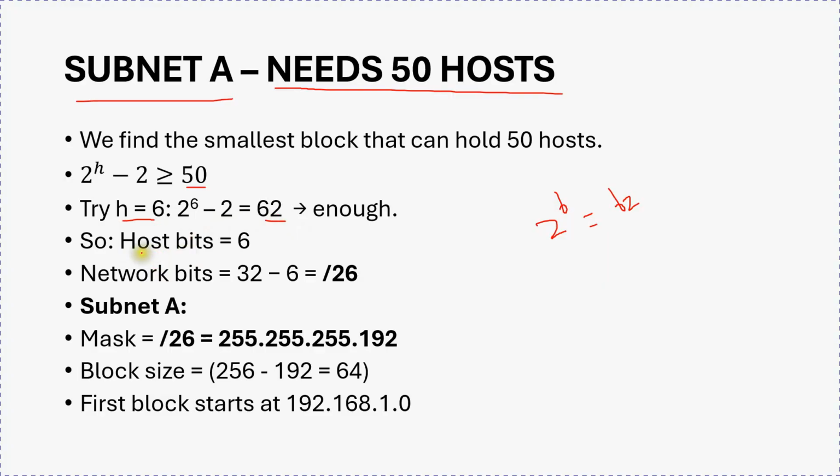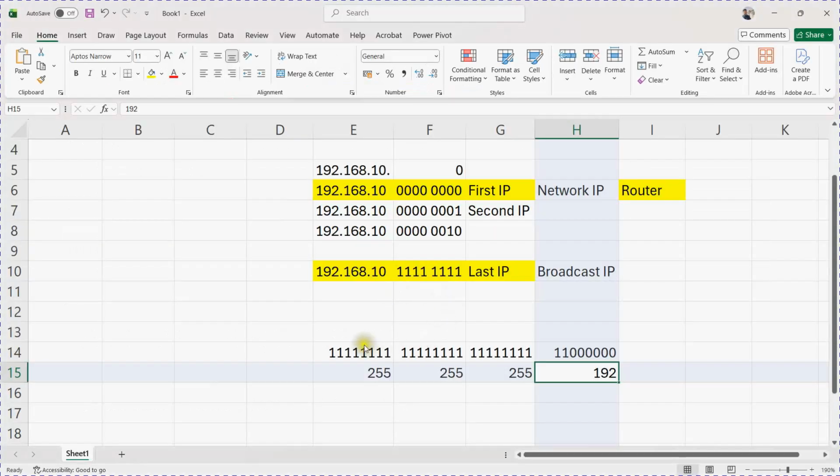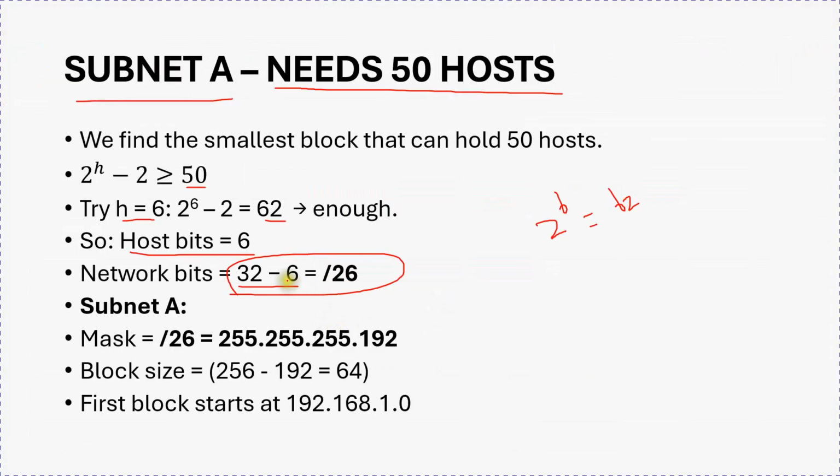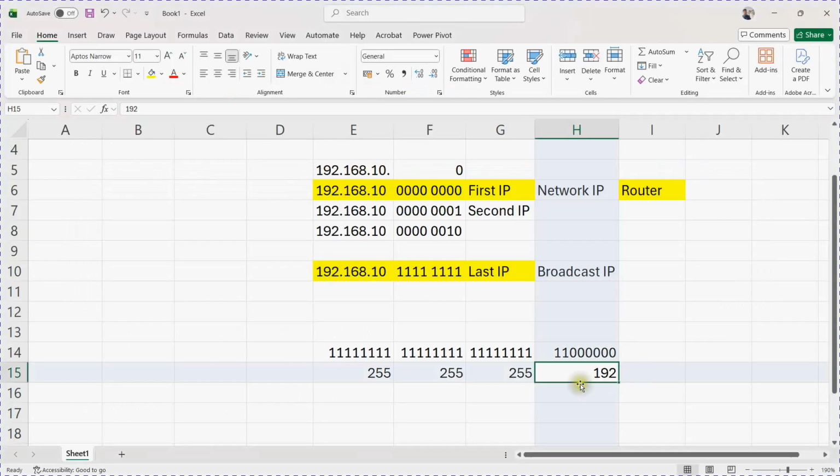So here you are going to take 6 host bits, which means you are going to use 32 minus 6. What does this part mean? 6 bits for host, remaining bits for network.